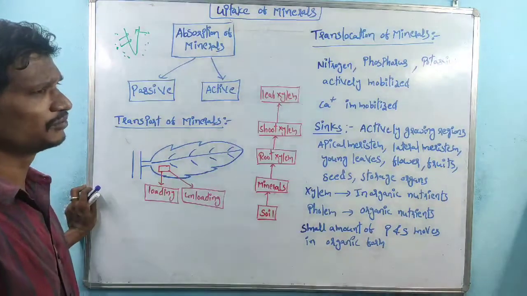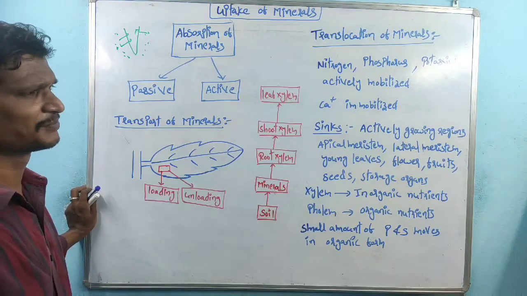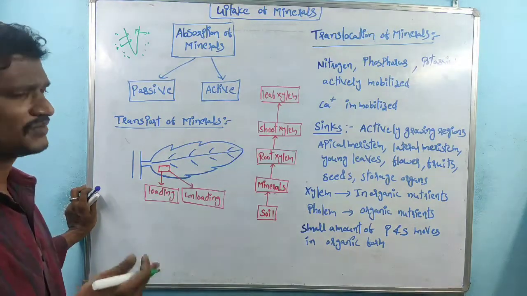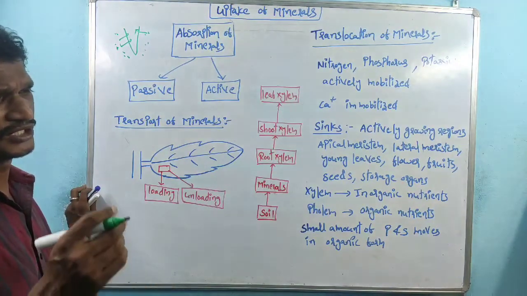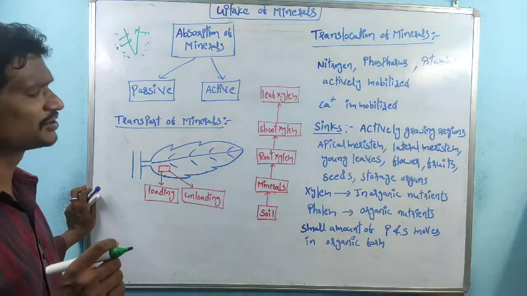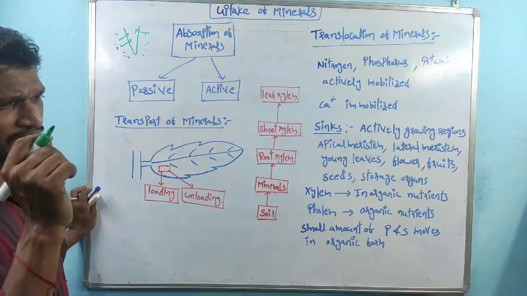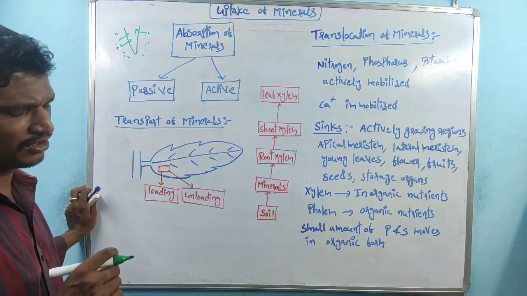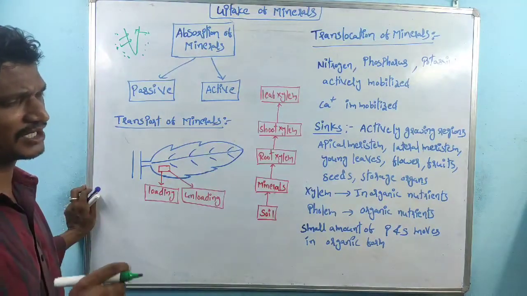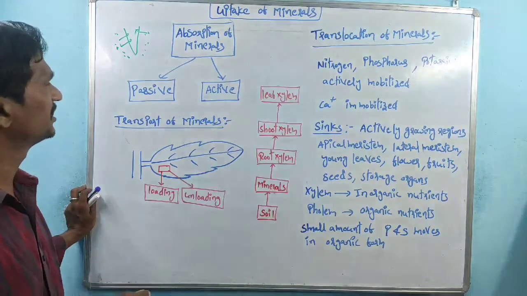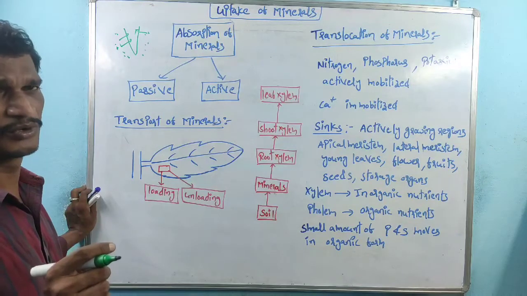In the passive absorption process, the epidermal cells allow the minerals, which enter into the cortex cells. The transportation of passively absorbed minerals is regulated by the endodermal cells. We know about the endodermis.